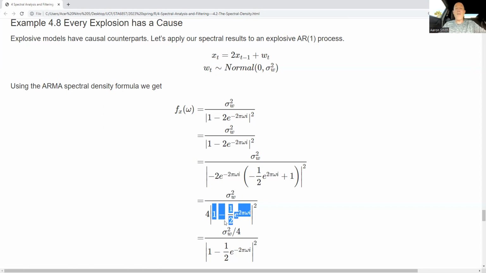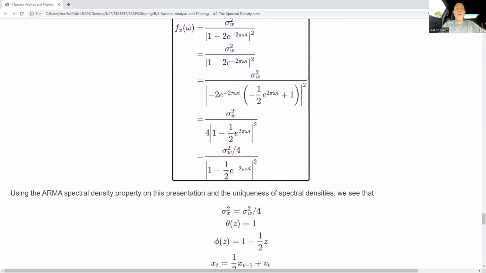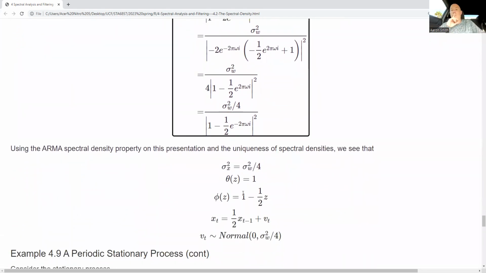So now I have this, that looks like a well-behaved autoregressive polynomial. Here I've got nothing going on for the moving average polynomial aspect, and I've got a 4 to rescale the variance. So let's rewrite this. So now if I look at that, I realize that I can connect this back to a time series process where we have an autoregressive formula right here.